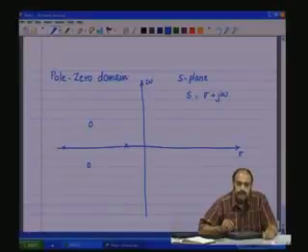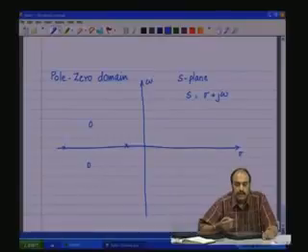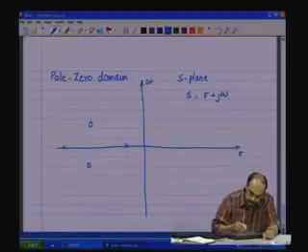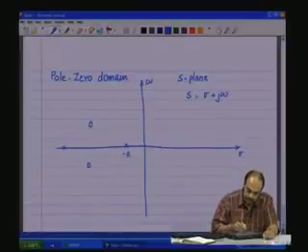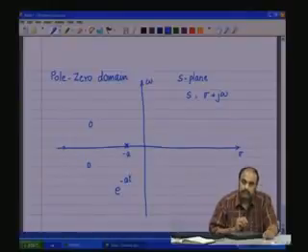The poles of the system are nothing but, in the time domain, the exponential behavior. That is, if there is a pole of value a, then this will result in a time response of e to the power of minus a t.